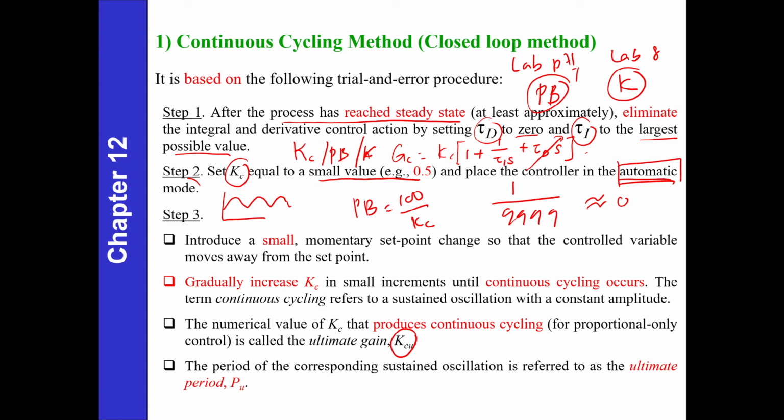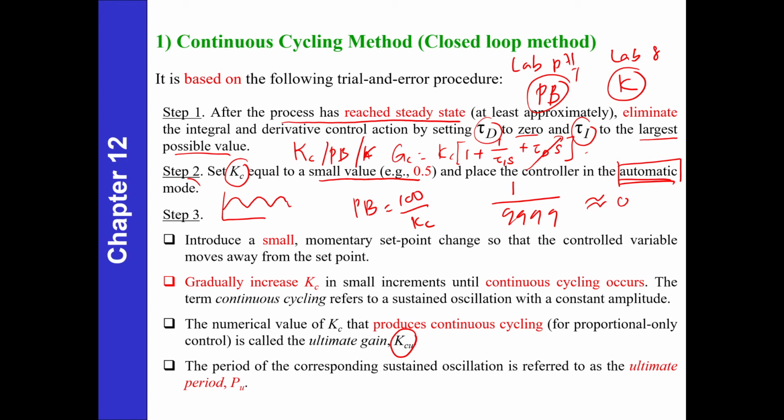Without any guideline or reference, how do we know what the best value of Kc is? We would never know. But the people who developed this online tuning method designed it this way: you test any value of Kc until you get a sustained oscillation.